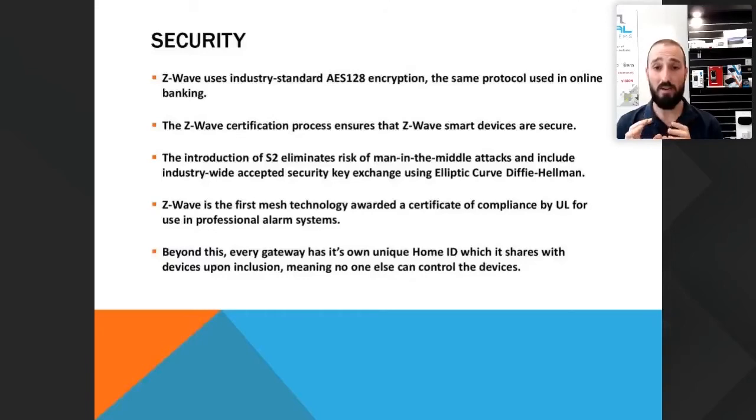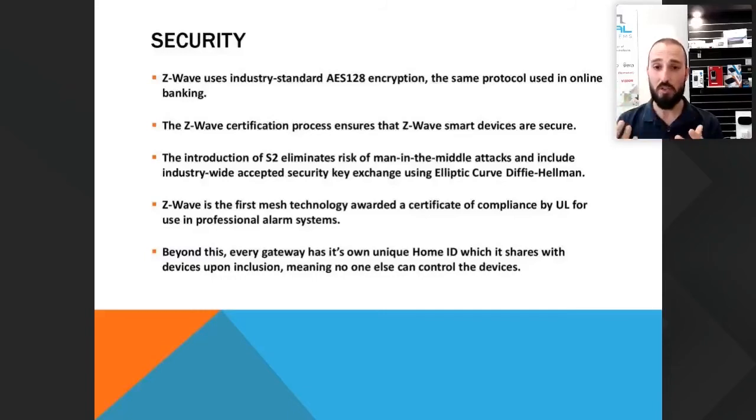Now, another really beneficial thing is that every gateway comes with its own home ID. It's a very unique number. It's made up of numerals and letters, and all those things come together. What that home ID does, what the gateway does, is that every time you have a node or a device that connects to that home ID, it actually shares that ID with the devices that you connect it to.